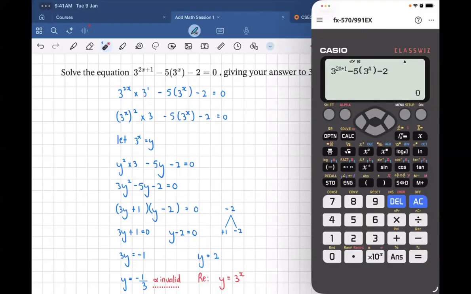This is what I want you to take a picture of. Take a picture and send this to me. I want to make sure that everybody's getting 0. Take a picture of the calculator so I can see 0.